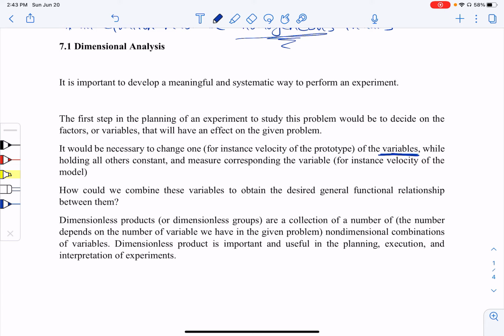So to do so, we need to create dimensionless groups, and dimensionless groups are actually a collection of a number of dimensional combinations of the variables.